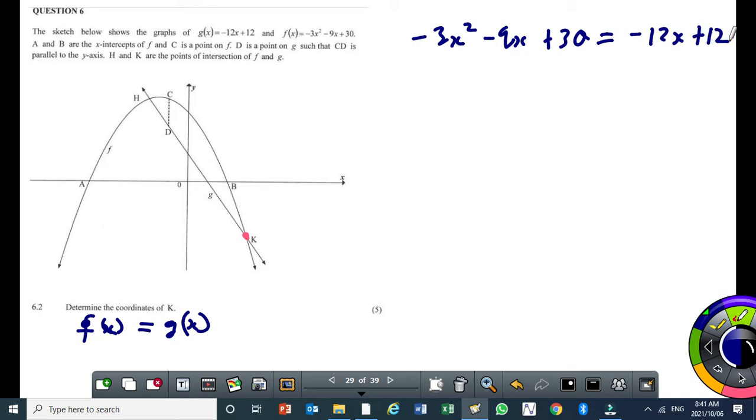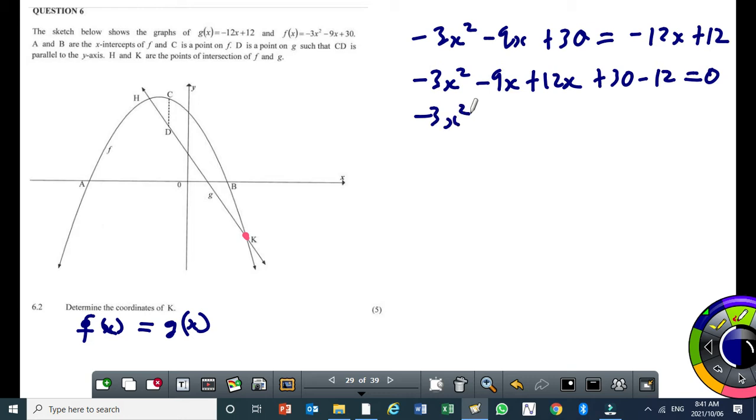Then, obviously, you need to create a quadratic equation. So this becomes minus 3x squared minus 9x, take the minus 12x across and it becomes positive 12x, plus 30 minus 12 equal to 0. And then you get minus 3x squared plus 3x plus 18 equal to 0.